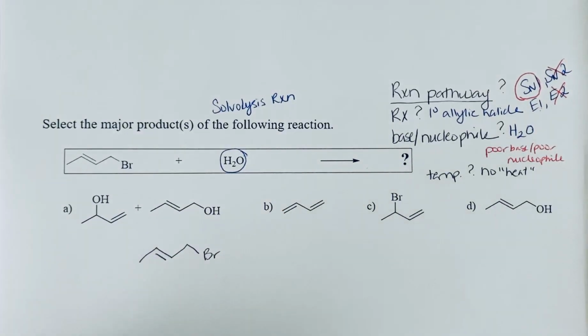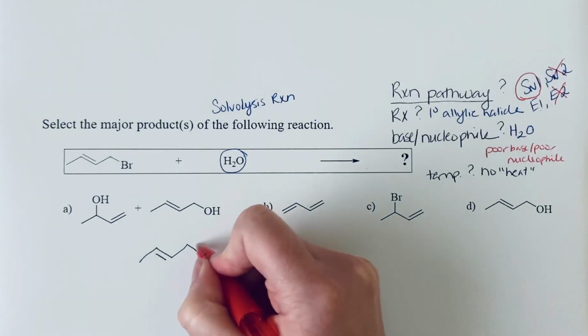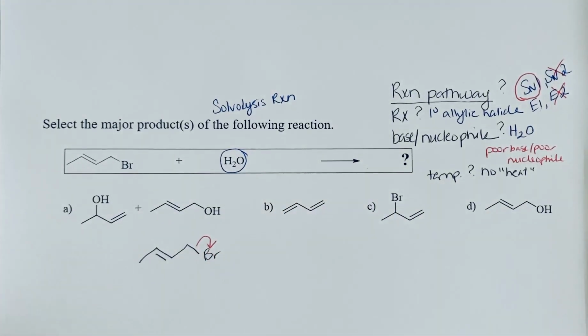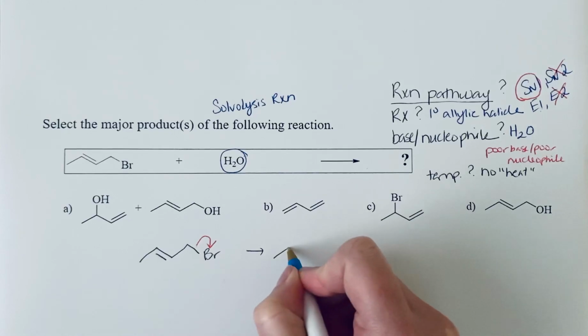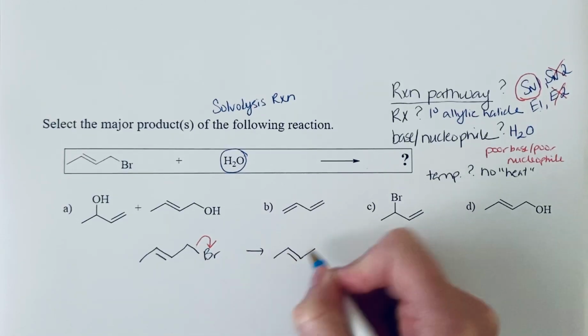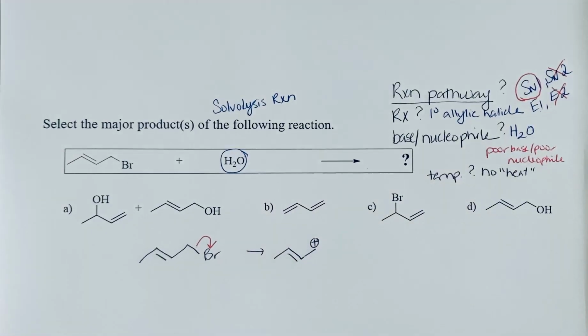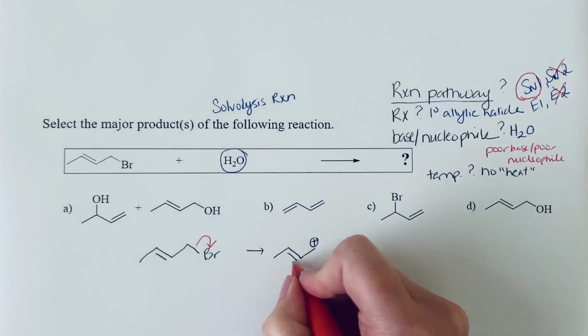So in an SN1 reaction, the first thing that happens is your leaving group leaves. And so that would give us this resonance stabilized carbocation. So we can draw the resonance form.